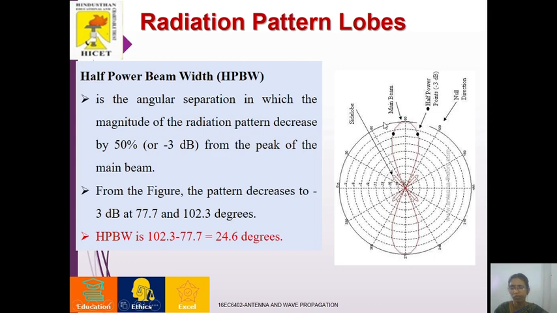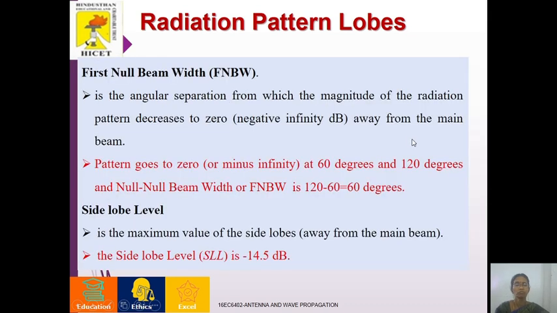So the half power beam width for this particular diagram is 102.3 minus 77.7, which is 24.6 degrees. So this angular separation, the angle between these two lines or points, is 24.6.